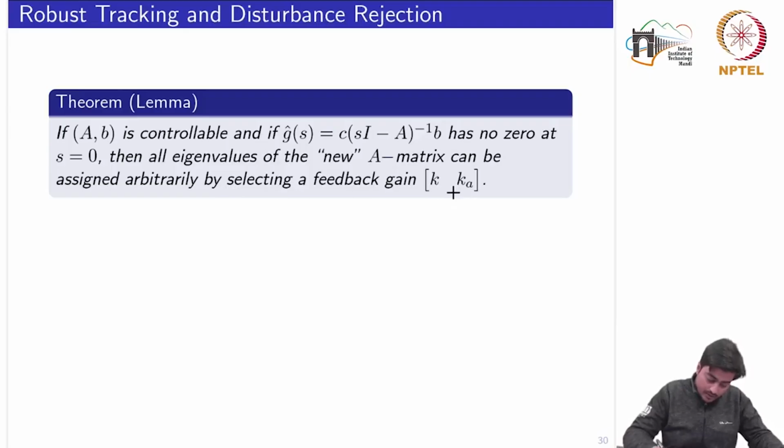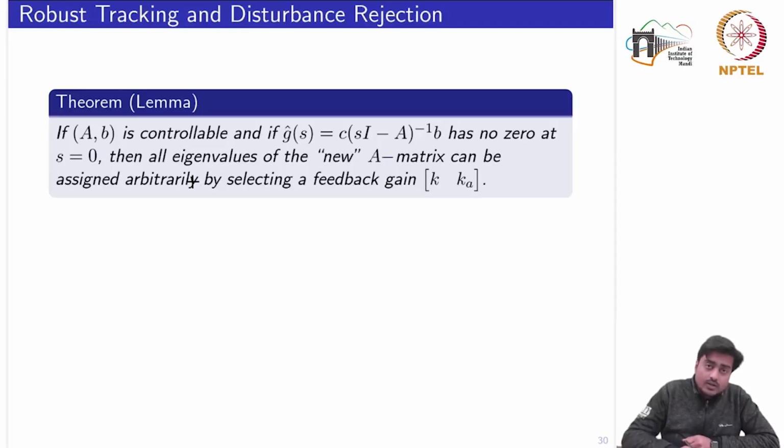So this is a very important result, which speaks about the designing of a state feedback controller, and depends on the controllability and also the non-availability of a zero at the origin. Now there are many implications of this lemma.